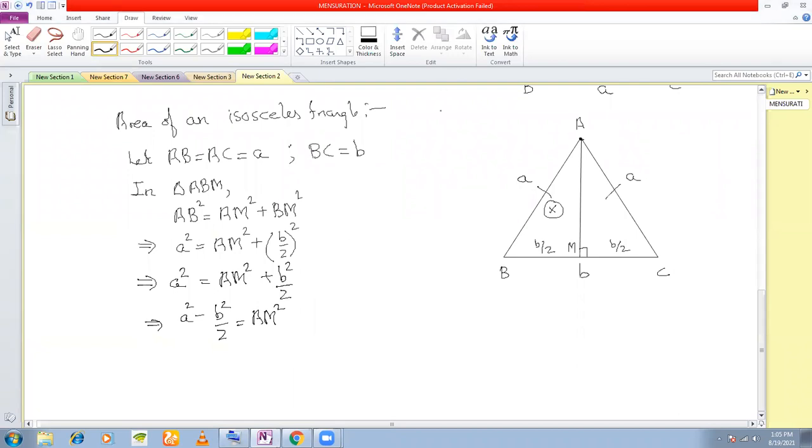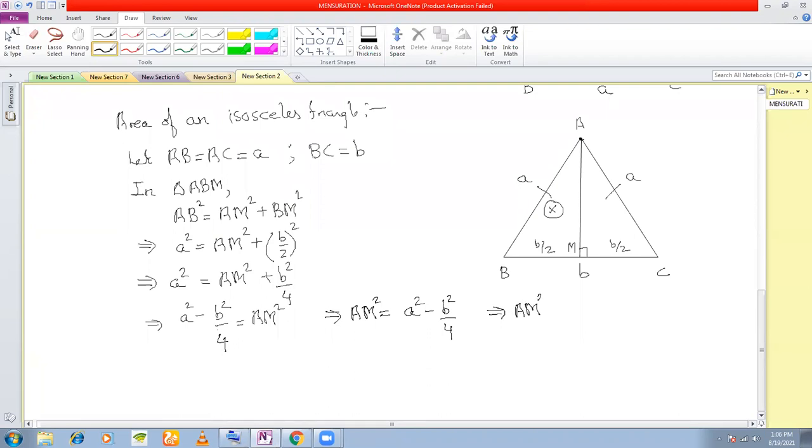B square by 4, in fact, not 2, because we are squaring, this should become 4. This is also 4. So what is AM square? AM square is equal to A square minus B square by 4. Take the LCM.